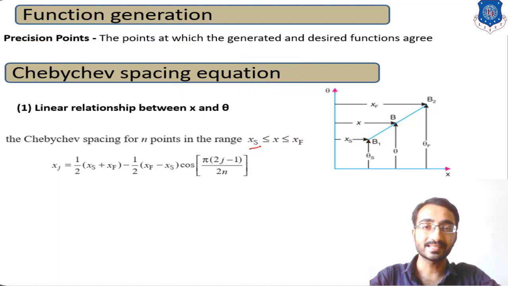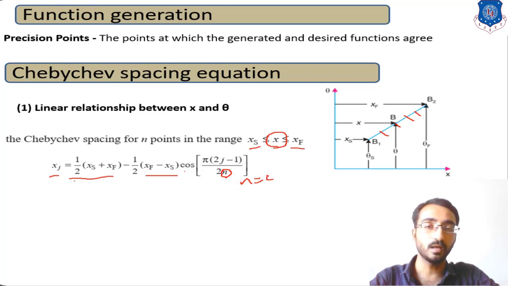If you consider any point x between them as your precision point, then the value of x can be obtained with this equation: x equals half of (xs plus xf) minus half of (xf minus xs) times cos of pi (2j minus 1) over 2n. Here n describes how many precision points you are acquiring. For example, if I am considering 4 precision points between these 2 points, then n should be 4.